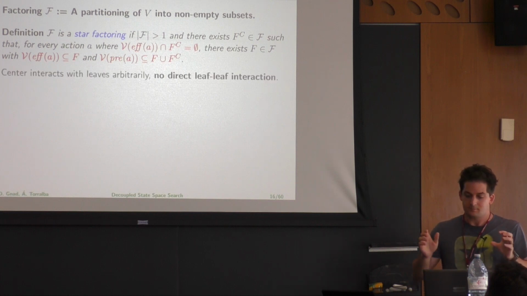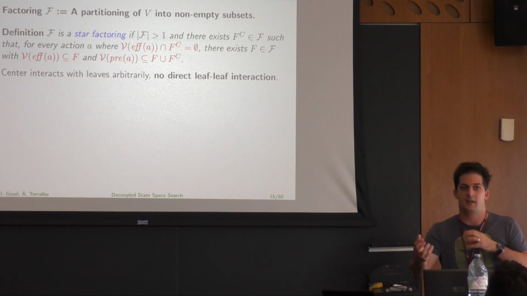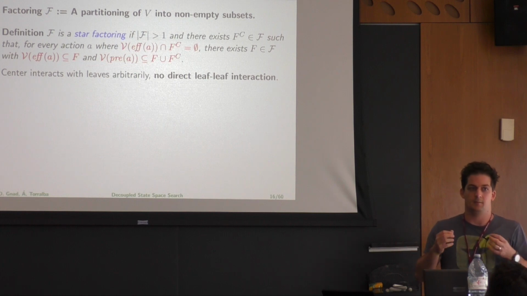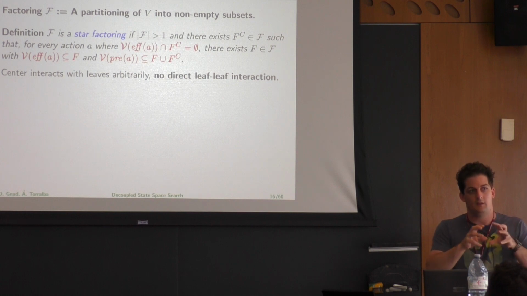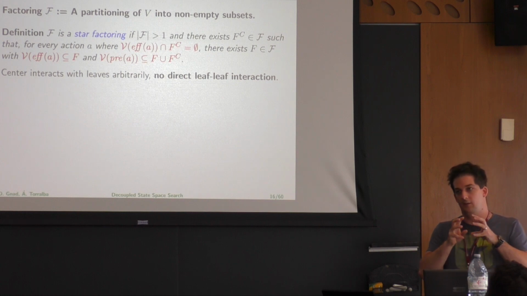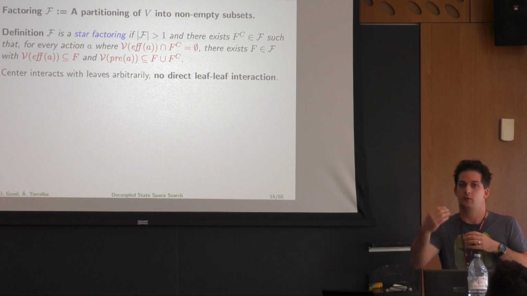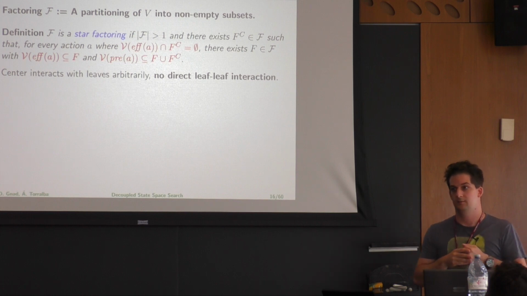So again, the center actions can interact arbitrarily with the entire task. An action that does not affect the center is only allowed to affect a single other factor, which is a leaf, and have preconditions additionally on the center.